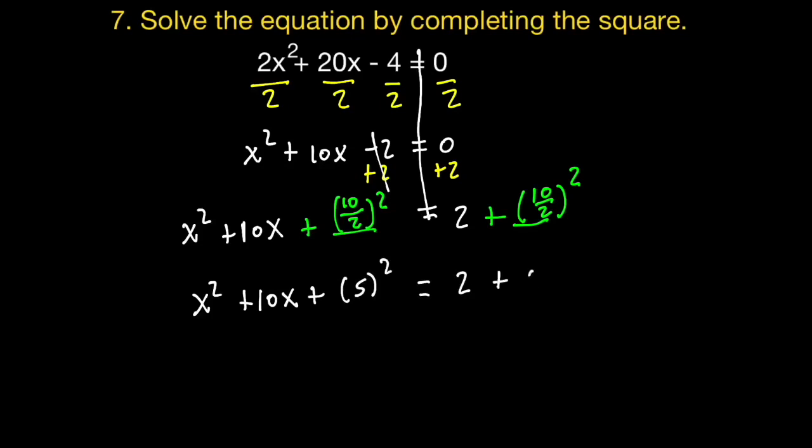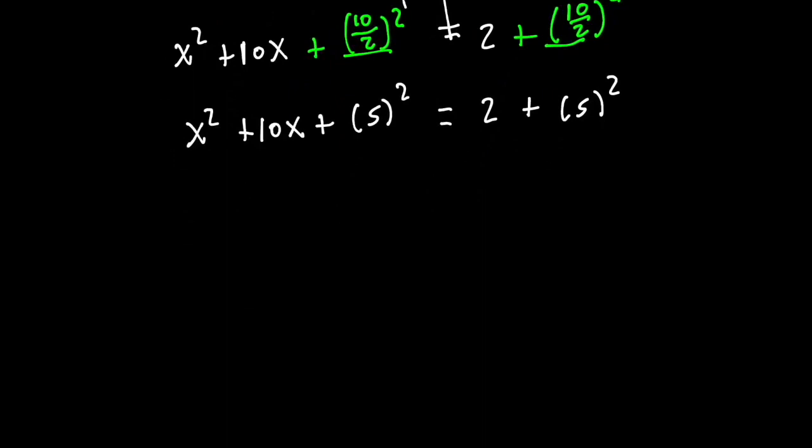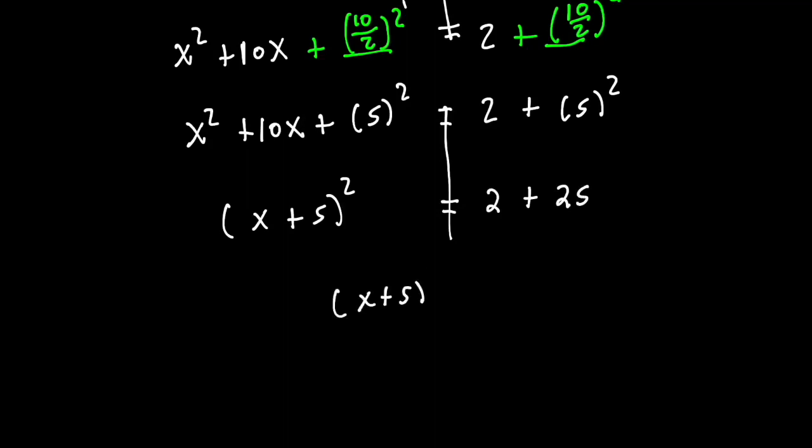On the right hand side, I'll have 2 plus 5 raised to the second power. On the left, I can exchange the perfect square trinomial for x plus 5 quantity squared. And on the right hand side, I'll have 2 plus 25. With simplification, I'll have x plus 5 squared equal to 27.